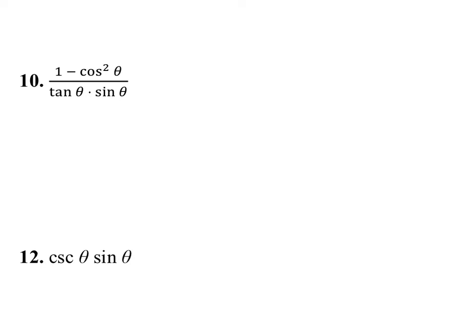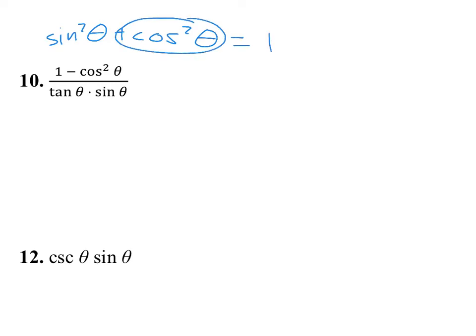Okay, number 10 looks like our first Pythagorean identity. So I'll write that one. Sine squared theta plus cosine squared theta equals 1. And if you subtract this to the other side, we could tell that the numerator is just sine squared theta.